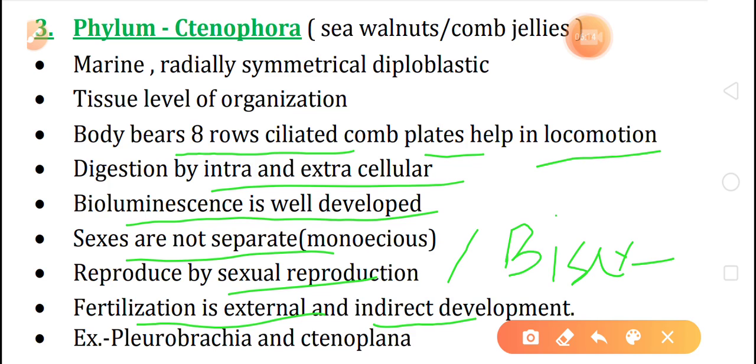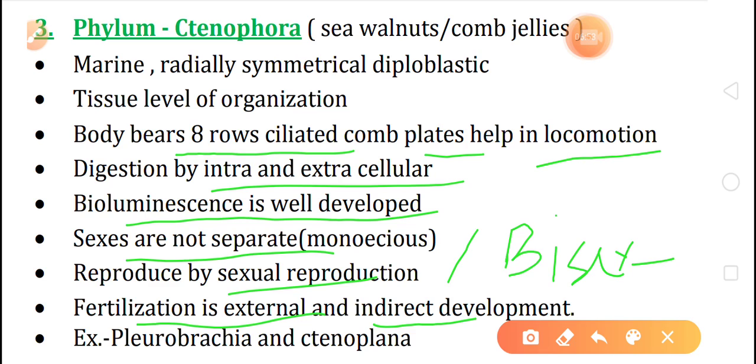I repeat once again: phylum Ctenophora, the sea walnut is the example. The organisms of Ctenophora are marine, radially symmetrical, diploblastic, and they have a tissue level of organization. The body of Ctenophora bears 8 rows of cilia, which help in locomotion. Digestion is intracellular and extracellular. They emit light, that's why we can say that they are bioluminescent.